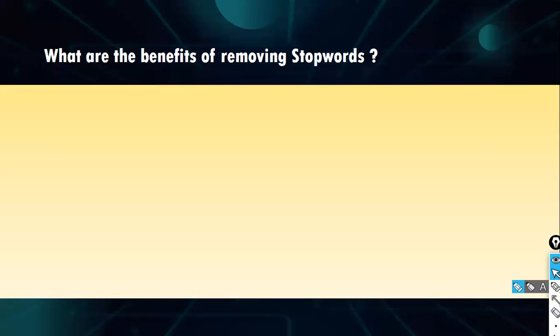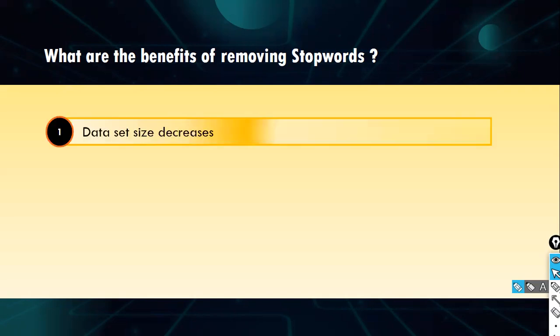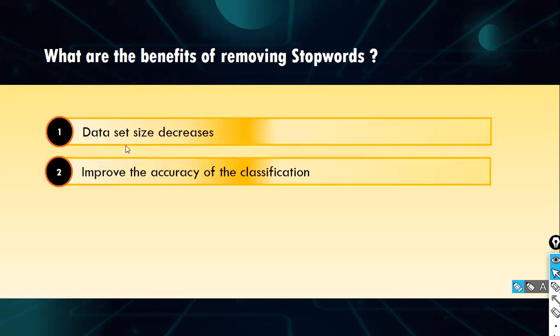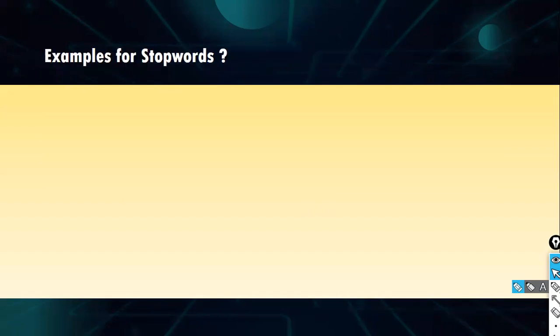When you include the stop words, you are adding more noise, right? So the data set size decreases, the accuracy of the classification improves, and importantly, model training performance will be a bit faster.